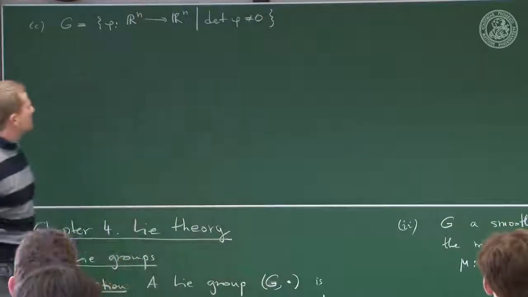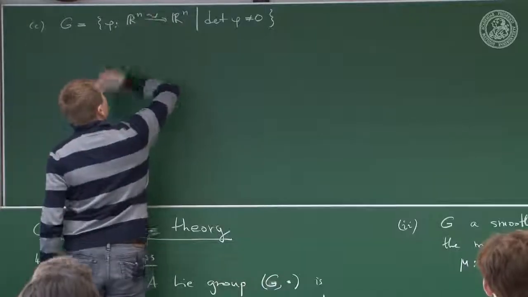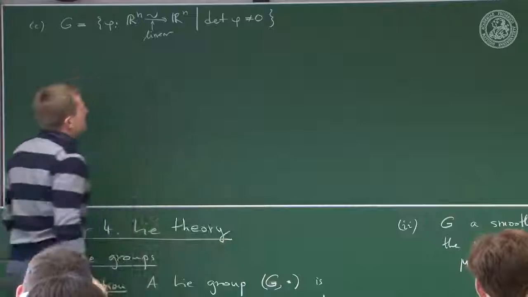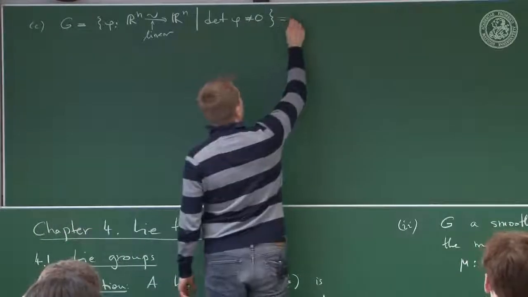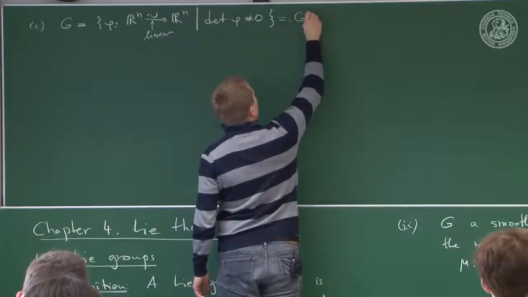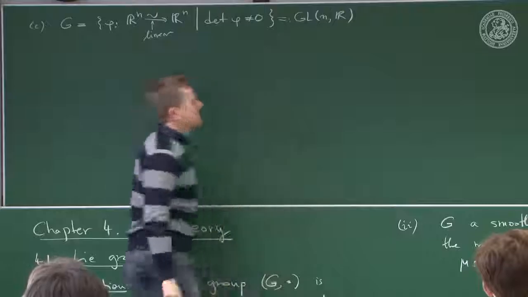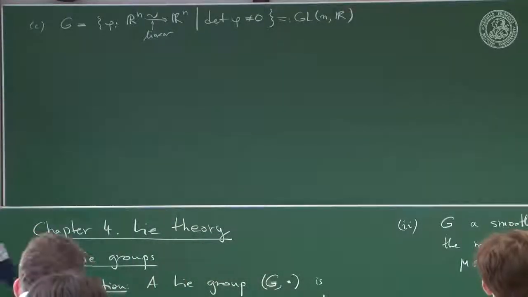This, of course, means that these linear maps are invertible. So I should emphasize here this is supposed to be linear maps that are invertible, and that set has a special name that's called GLN over R. That's the general linear group. Well, it's not a group yet, that's only a set.